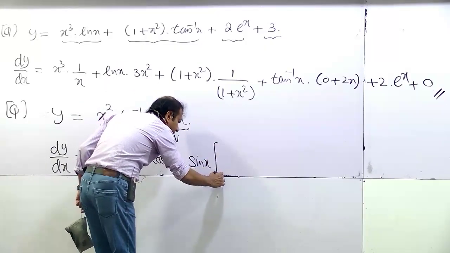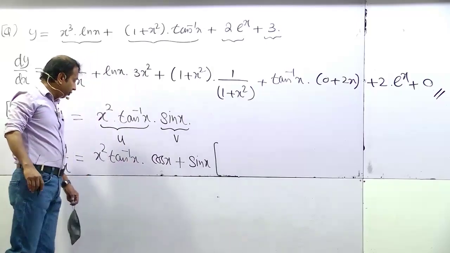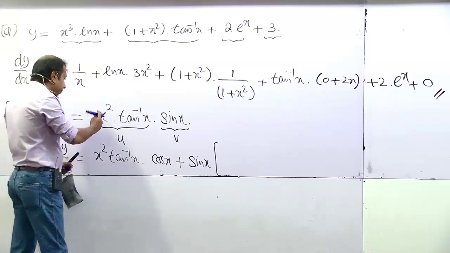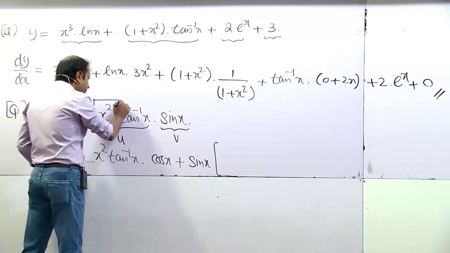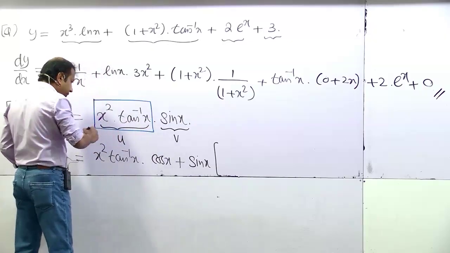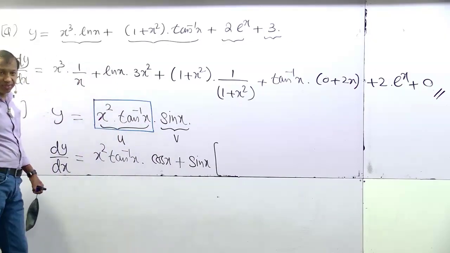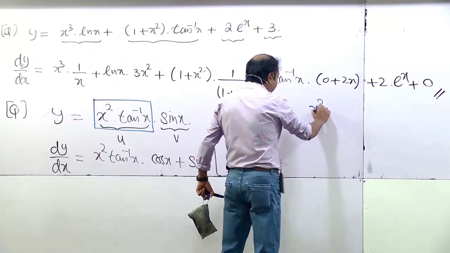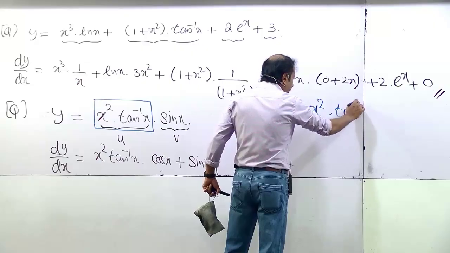Now that should be multiplied by what? Derivative of this. What is that? x squared into tan inverse x.